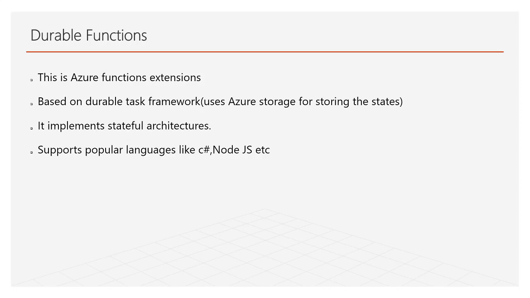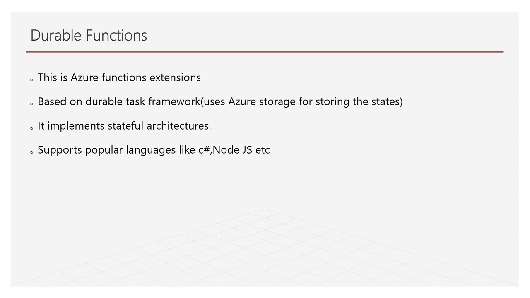It will be scalable, it will be stateful, we can handle exceptions over there, and those things will come up in durable Azure Functions. Based on the Durable Task Framework, we will be using a NuGet package over there. So basically, we will change the normal Azure Functions to durable functions in that way.